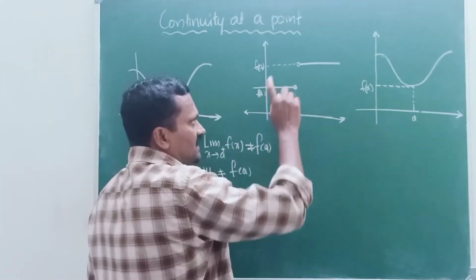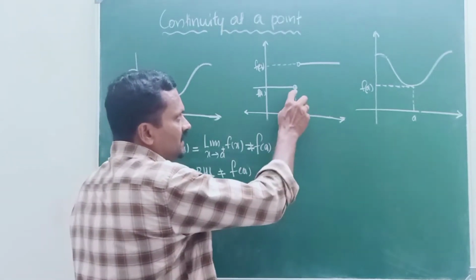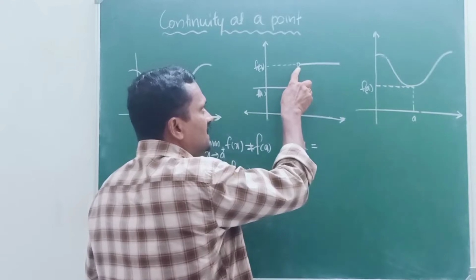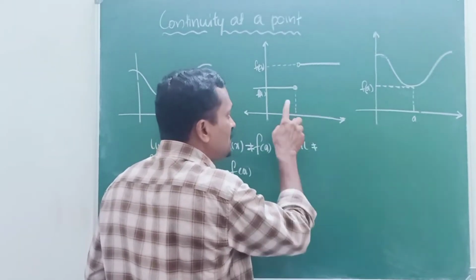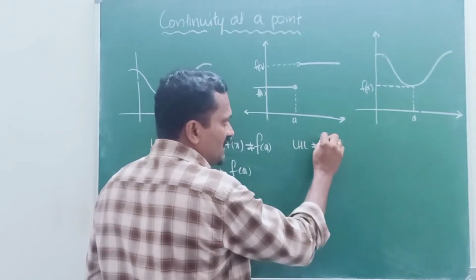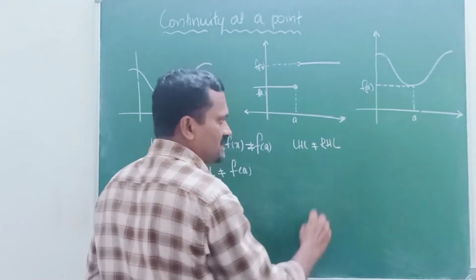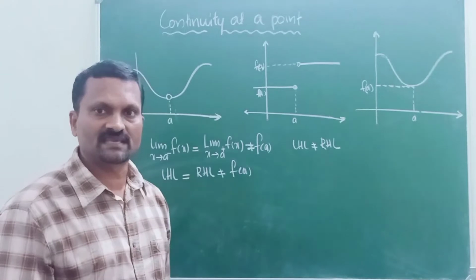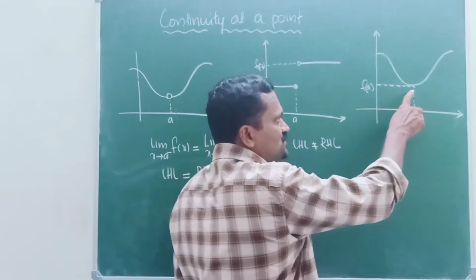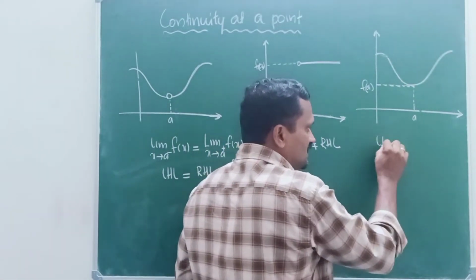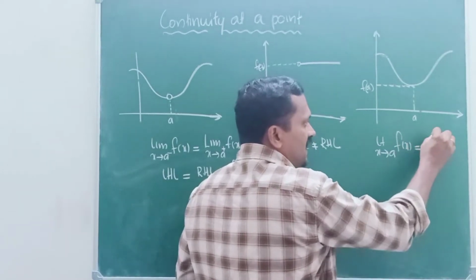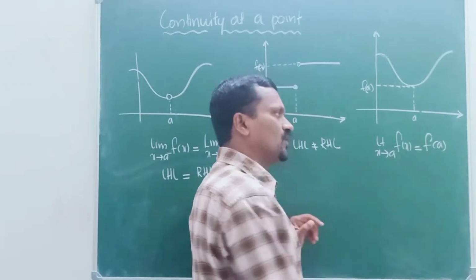In the second graph, it is clear that the left limit at A and the right limit at A are not equal. Therefore, LHL not equal to RHL, and the function is not continuous at A. If we pass to the third graph, it is clear that limit x tends to A of f of x and f of A are equal.